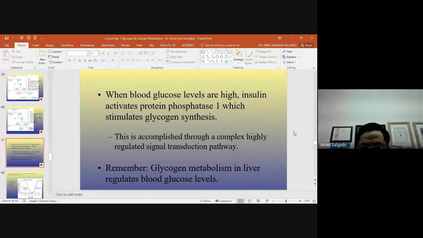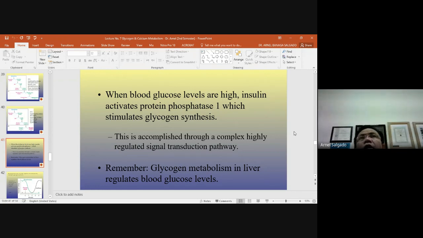When we eat something, we accumulate so much sugar in the bloodstream. So protein phosphatase 1 will be activated so that we can convert this excess sugar into glycogen. We call that glycogen synthesis.